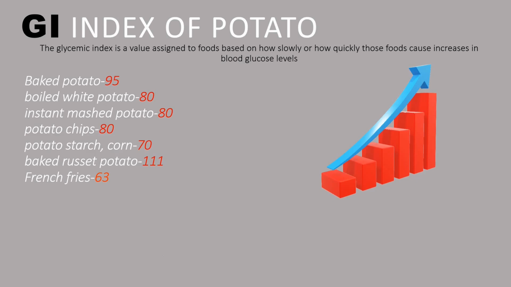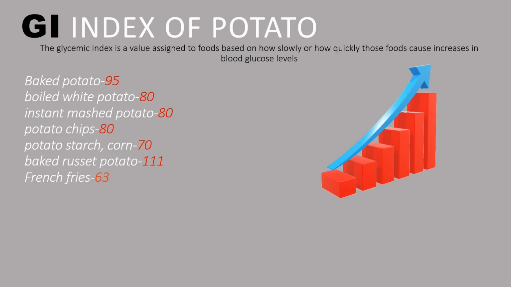Instant mashed potato is 80. So as you look at these numbers, you see that potato, although we make a lot of great things with them, for a diabetic, they should really be careful about potatoes, okay? Because their numbers are usually high, above 55. Even if you have a regular system, 95 is high, and 80 and 70.